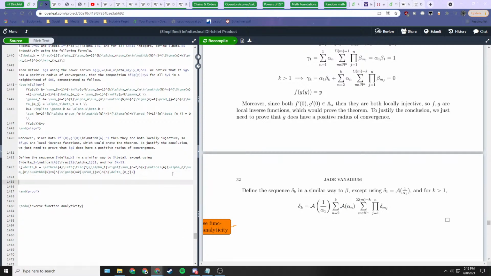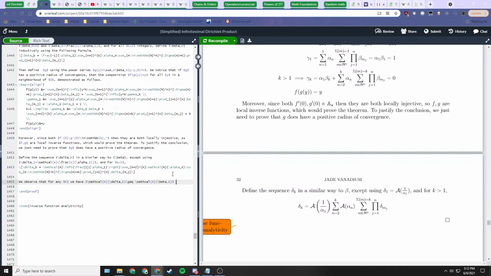This is useful because for any k we have a of delta k as being greater than or equal to a of beta sub k.